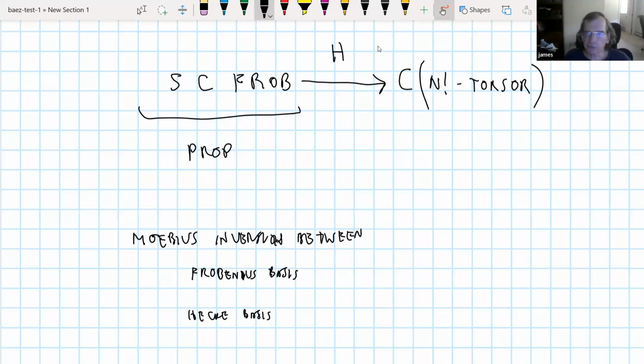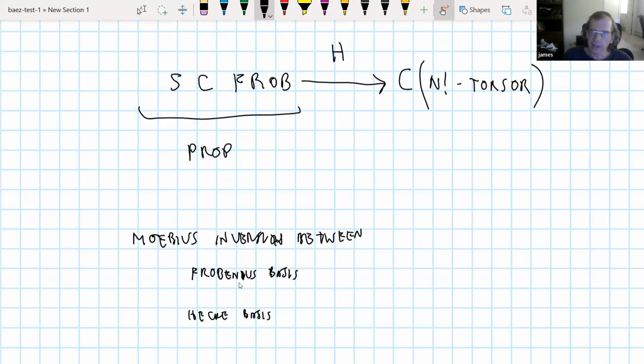And so there's a lattice of those correlations. And it turns out that when we're dealing with this prop homomorphism, it's useful to think in terms of Möbius inversion with respect to this pair of bases. Well, this lattice.